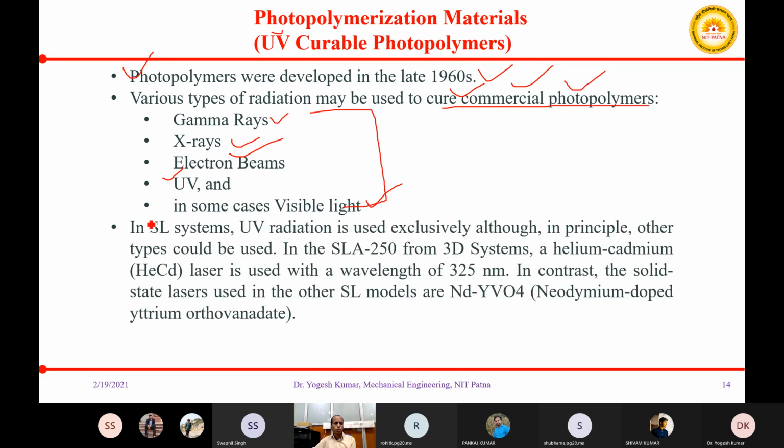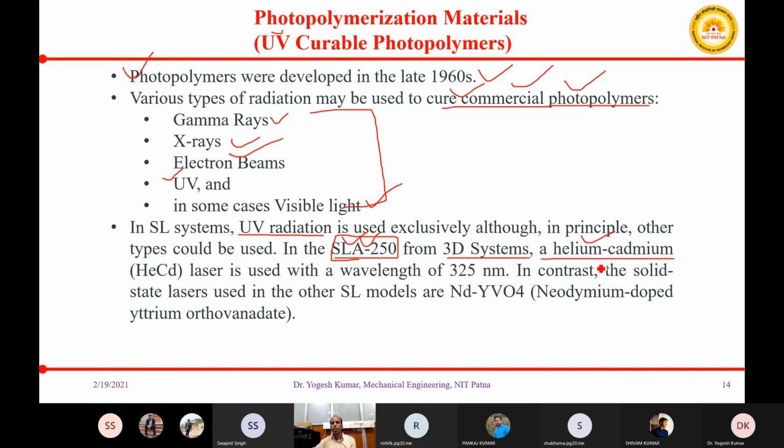In stereolithography systems, generally we use UV radiation. There are a few types of printers which were developed using some kind of laser source; a helium cadmium laser is used in one particular type of printer. The company 3D Systems has developed the SLA 250 printer.